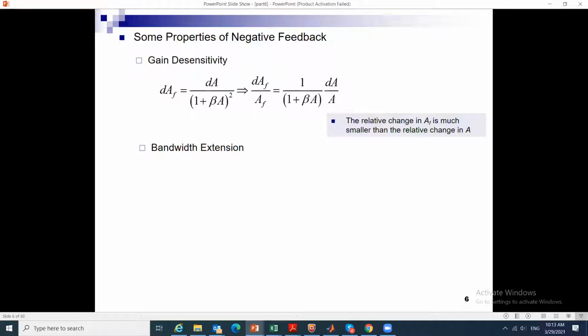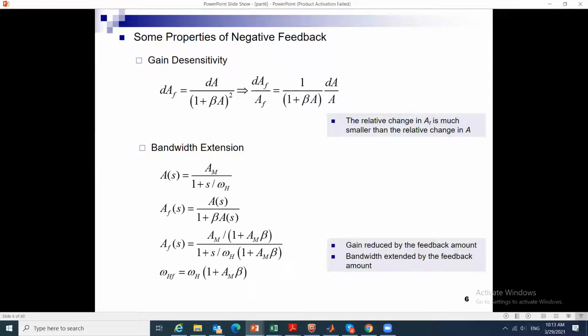Now, bandwidth extension. Once we saw that if I lose on the gain, I gain on the bandwidth. So there is a trade-off. For purposes of our analysis, we will always assume that beta is a constant, but A is a transfer function, with a low frequency gain and a 3 dB frequency.